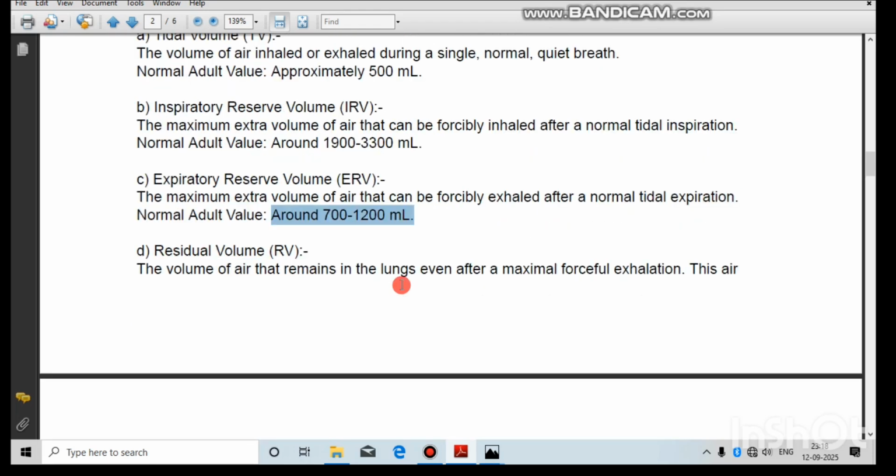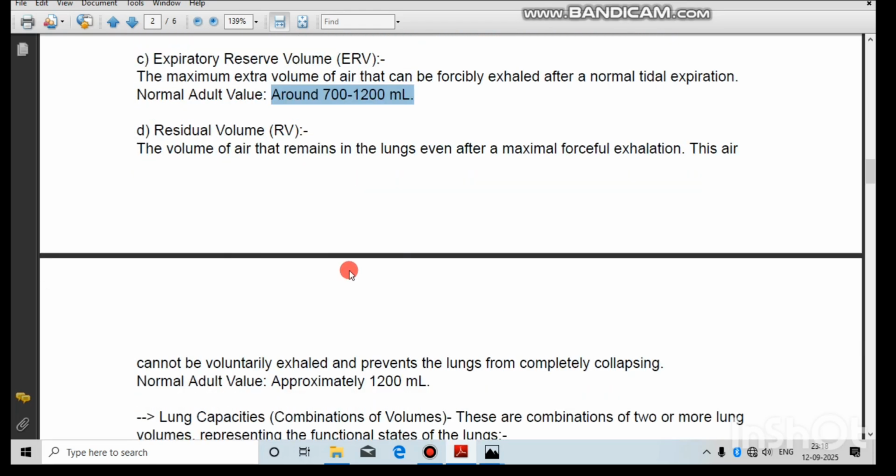The last one is the residual volume. Residual volume is the volume of air that remains in the lungs even after a maximal forceful exhalation.